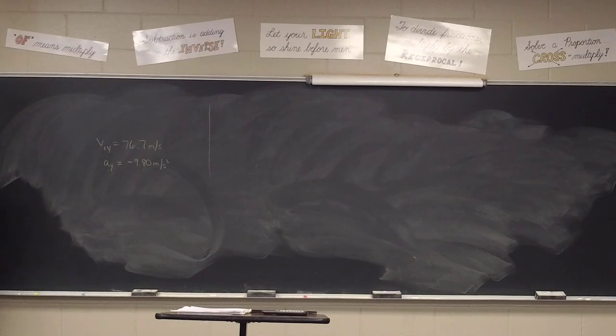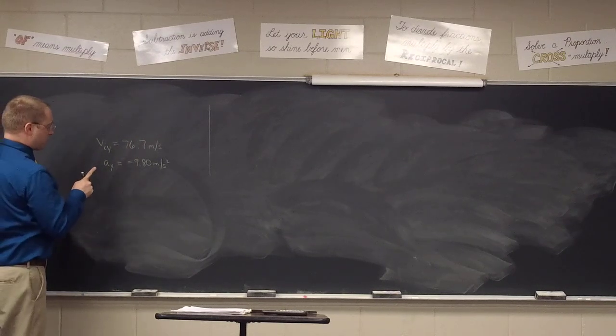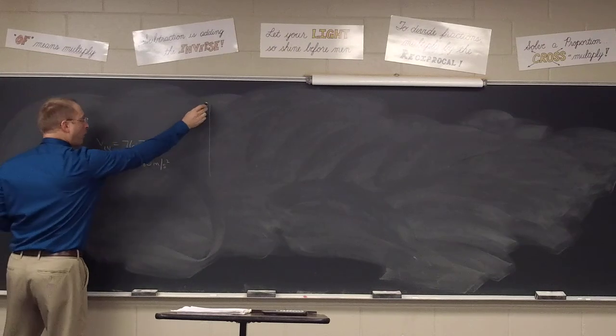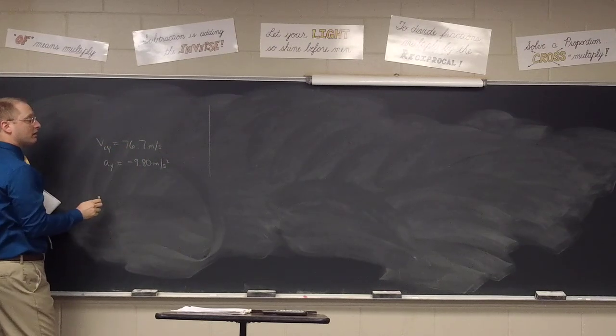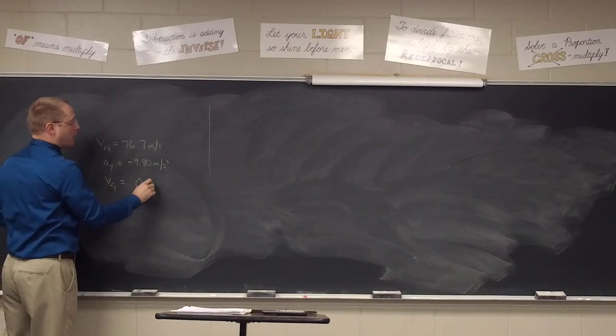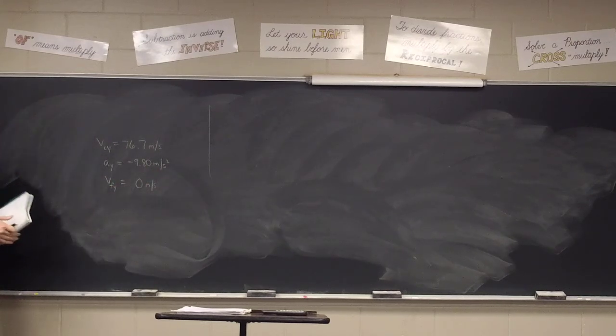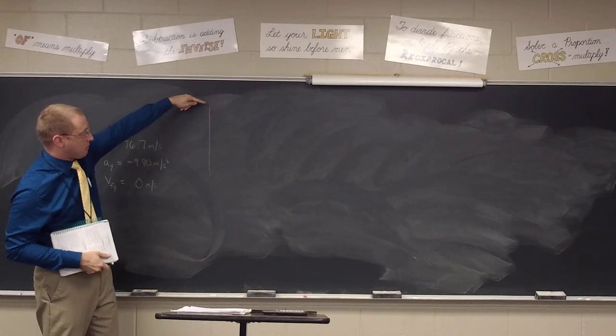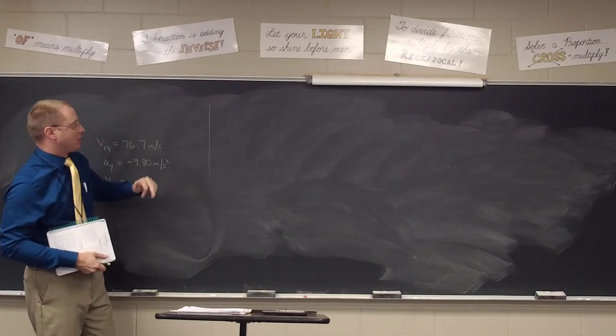And if it comes to a stop at the top of its flight, ever so briefly, class, we could consider that point the final velocity, which would then be 0. Now, we know it's going to make a return trip, which means its initial velocity on the return trip will be 0, and its final velocity, well, we'll get to that in a little bit.